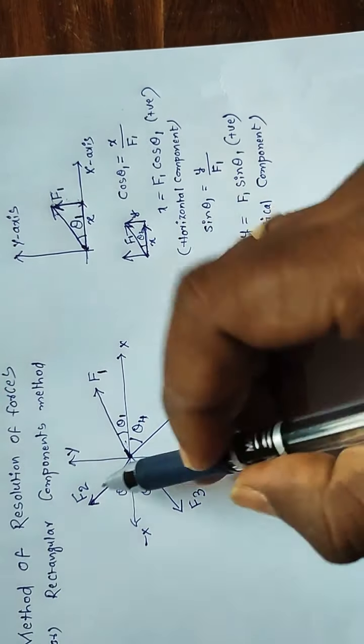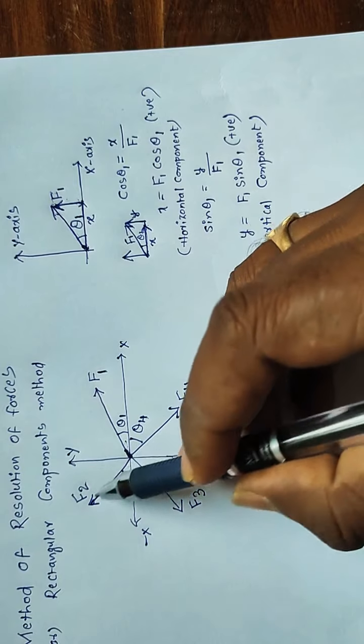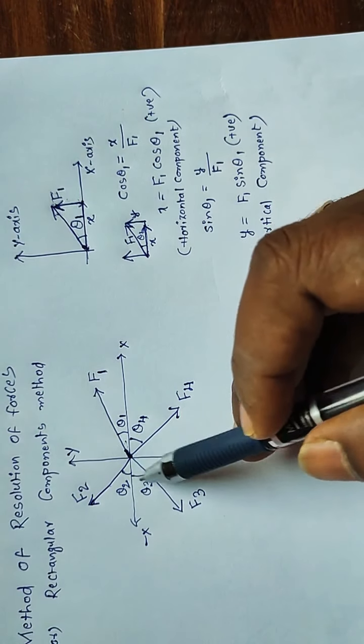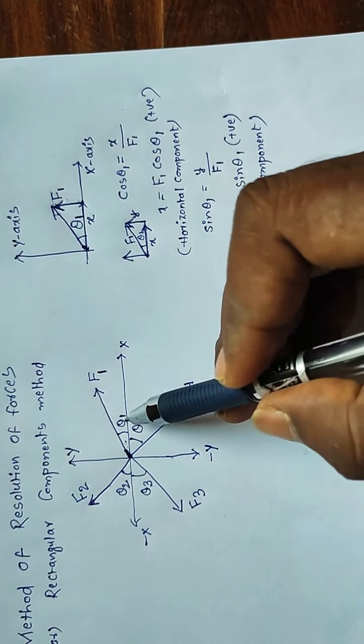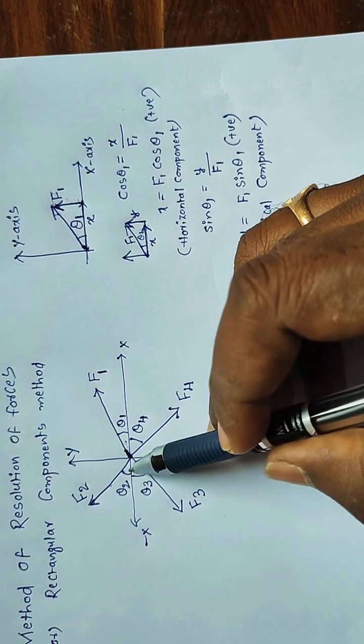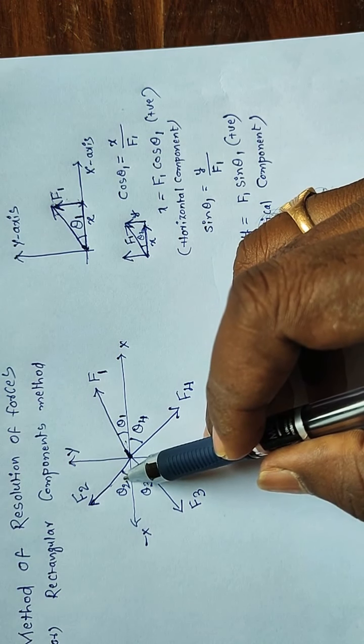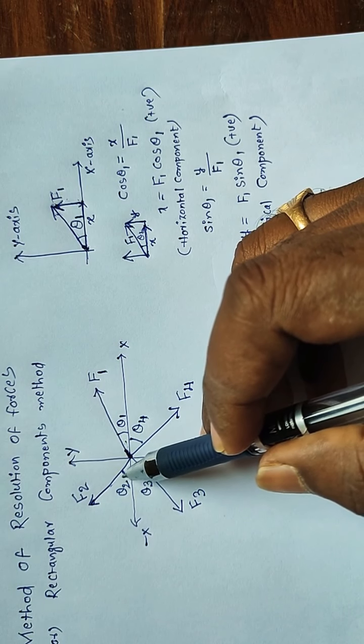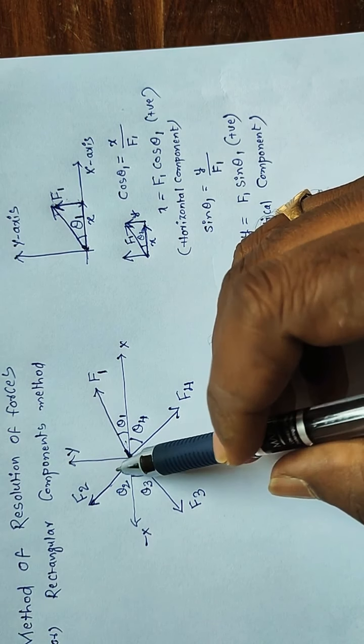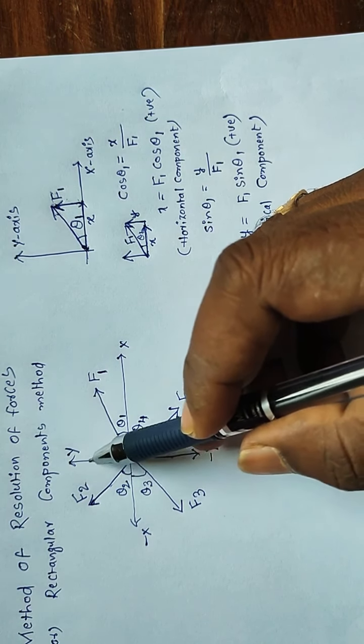So the horizontal component for F2 will become F2 cos theta 2, and the vertical component of F2 will become F2 sin theta 2.